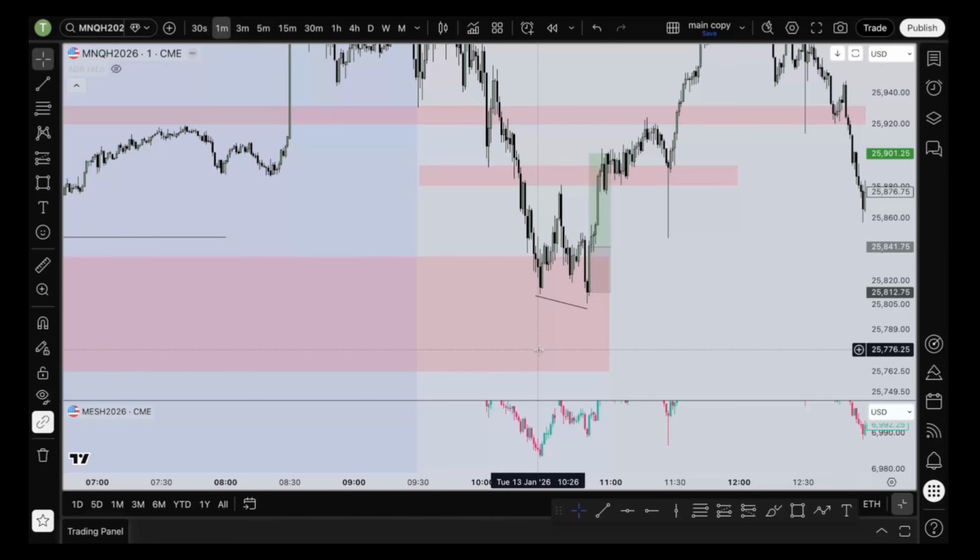SMT, smart money technique, is the divergence between two correlated pairs. These two correlated pairs are expected to move together, but in this case, one makes a lower low and one makes a higher low at a higher time frame level, at a key level. So this signals a potential shift in smart money intent.